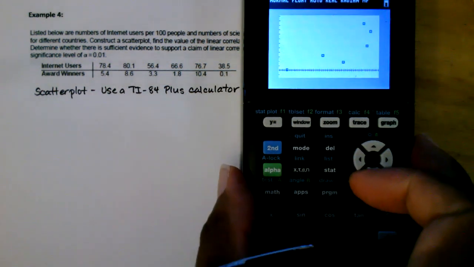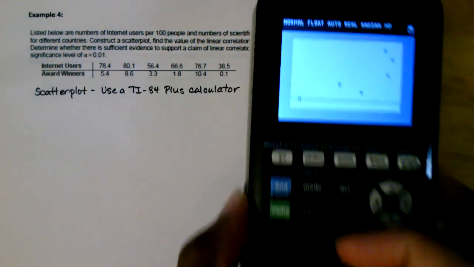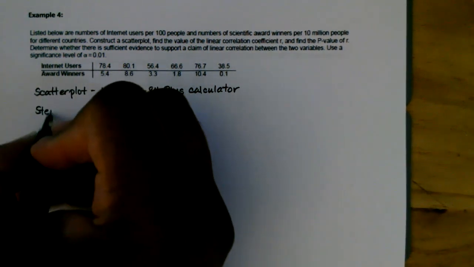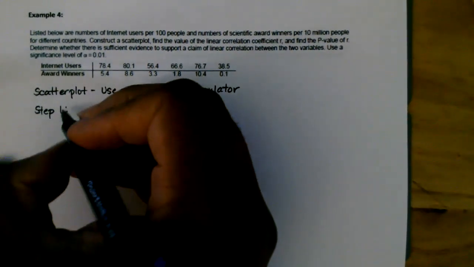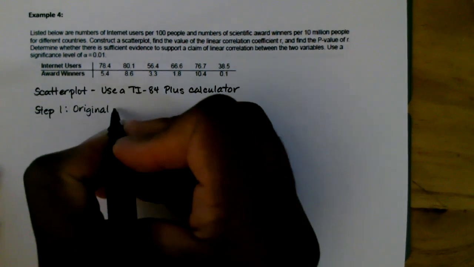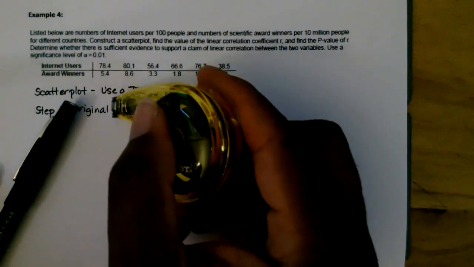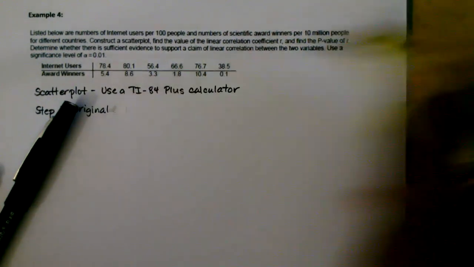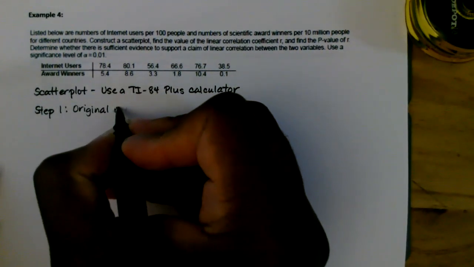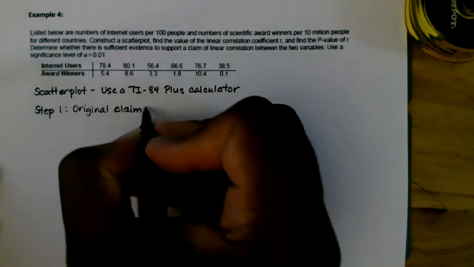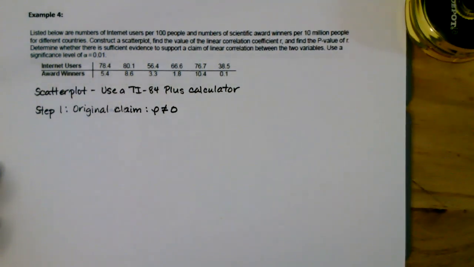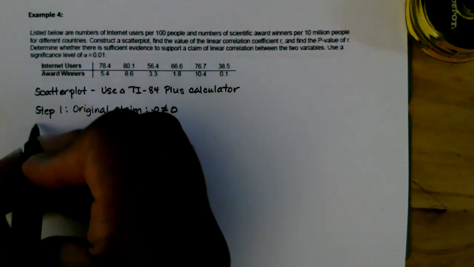All right, now step number 1, we're going to start our hypothesis testing. Step number 1, you want to state the original claim in symbolic form. So that's going to be rho is not equal to 0, meaning that there is a linear correlation between the two variables.